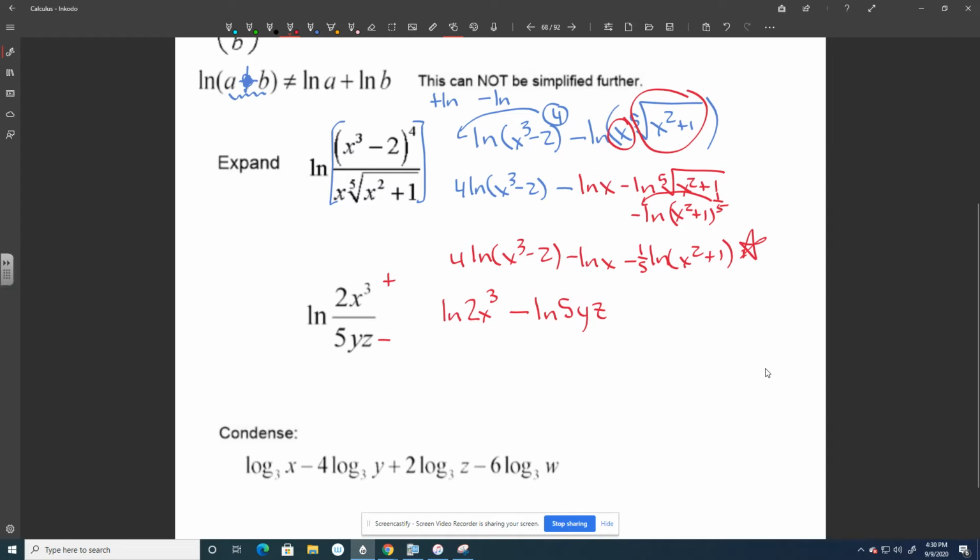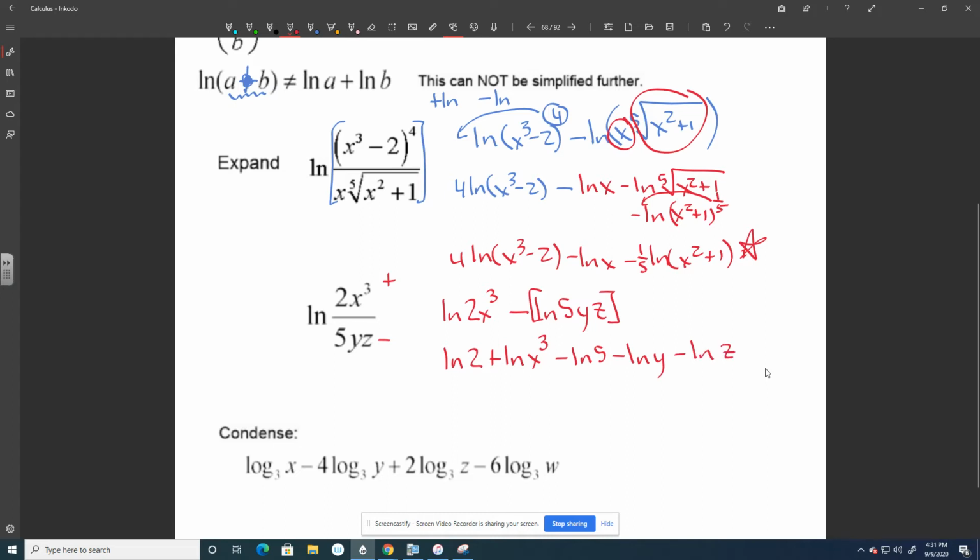I can take all of these. I can take the natural log of 2 and add the natural log of x to the third power. And right here, because it's minus this entire log, remember, if it comes from the bottom, it gets a negative. So minus the natural log of 5, minus the natural log of y, minus the natural log of z.